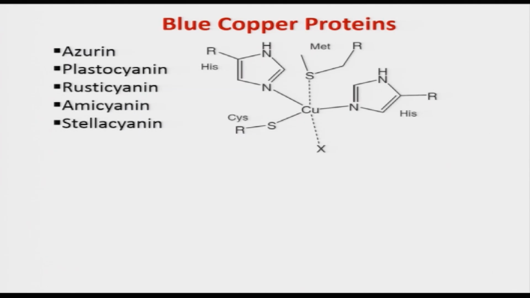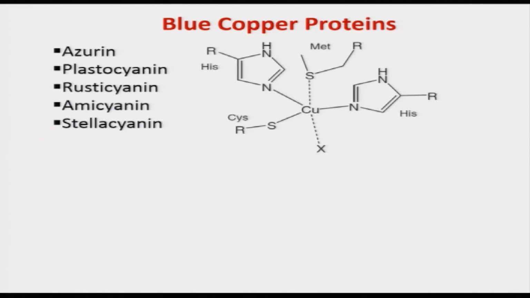Now, coming back to blue copper proteins, a large number of proteins actually come within this family of blue copper protein. Some of them are azurin, plastocyanin, amicyanin, stellocyanin, and the active site structure of this blue copper protein is more or less like this.